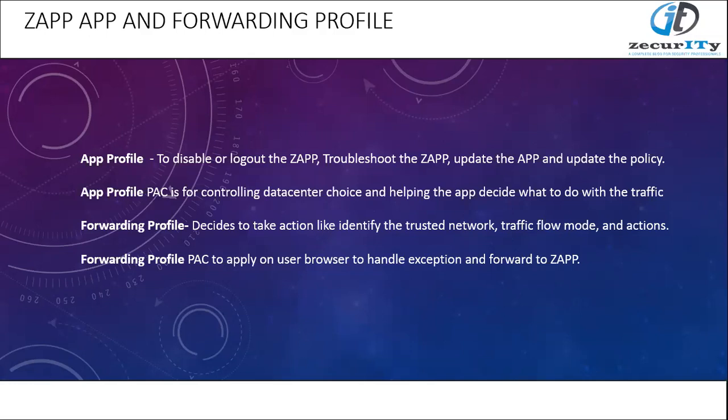If there are any issues related to ZApp which can be troubleshot using ZApp, those troubleshooting configurations can be included in the app profile. You can collect the logs, and there are options like you can update the app or update the policy of configuration. The app profile predominantly helps you to control the data center choice and helps the app to decide where to send traffic.